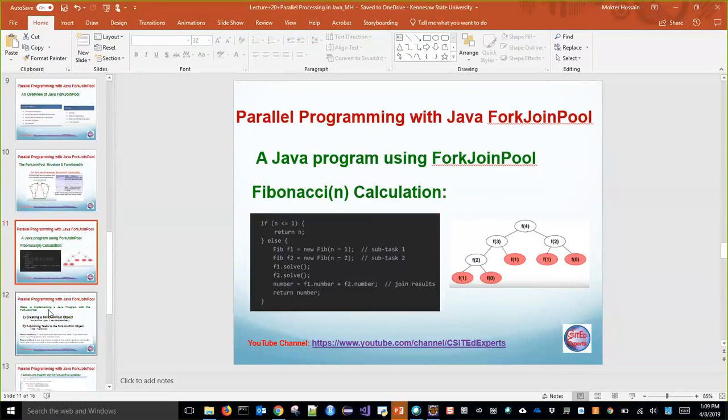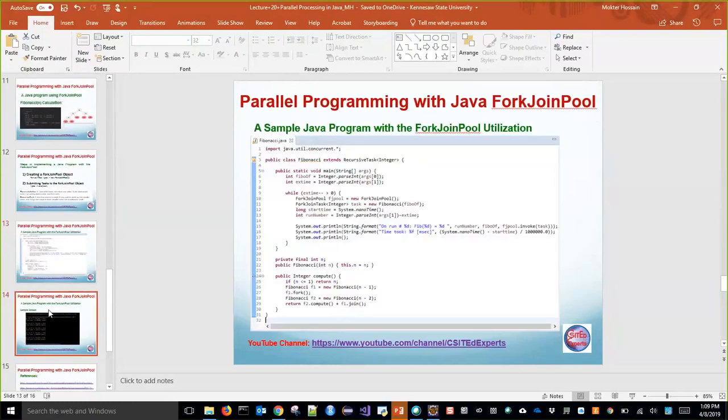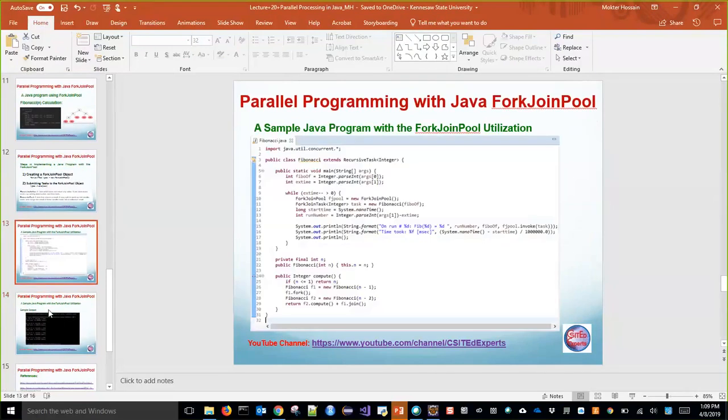In our next class I will discuss this program, and I can show you that this is a simple program. This program is to compute the Fibonacci number, like what is the number in the Fibonacci series.